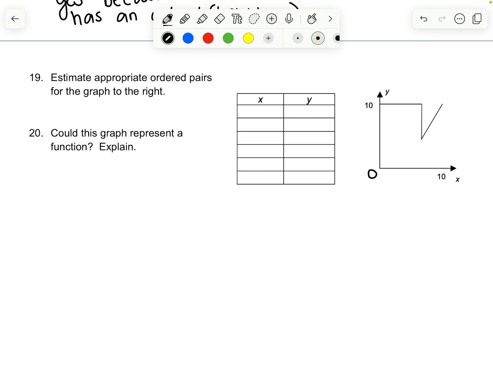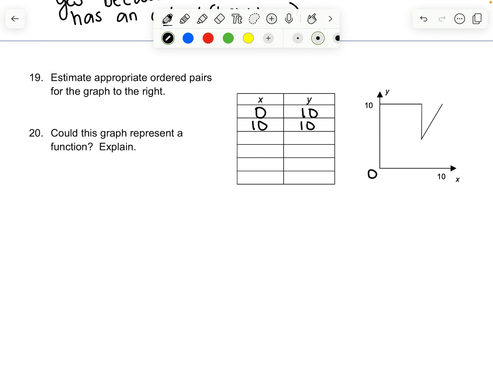Because my graph starts at 10, my first ordered pair could be 0, 10. Another ordered pair is if I look at the very end of my x-axis, I can tell you 10. And if I look all the way up, it does end at 10 again. So 10, 10.